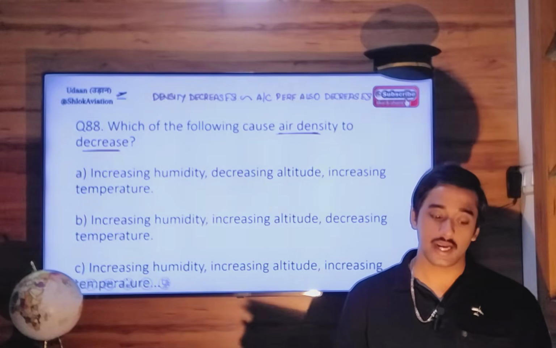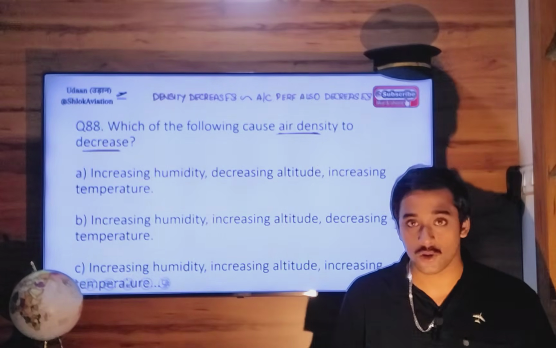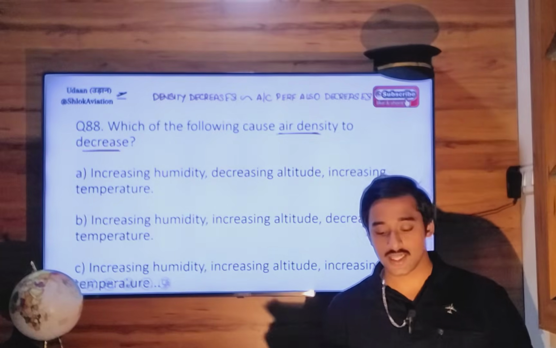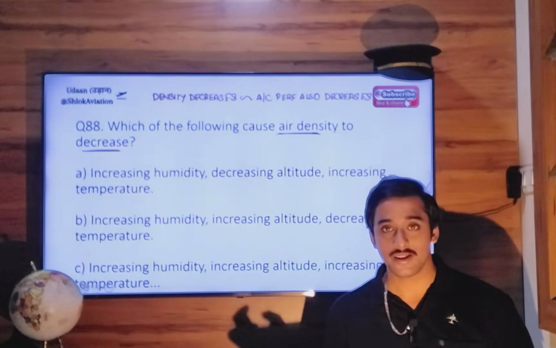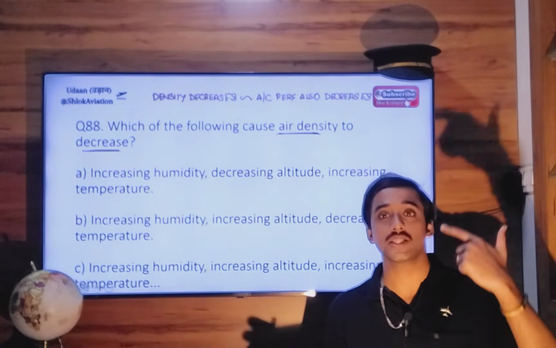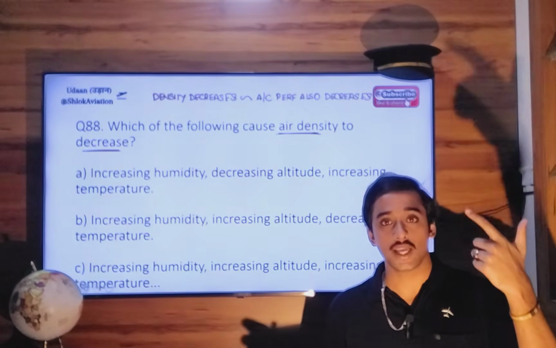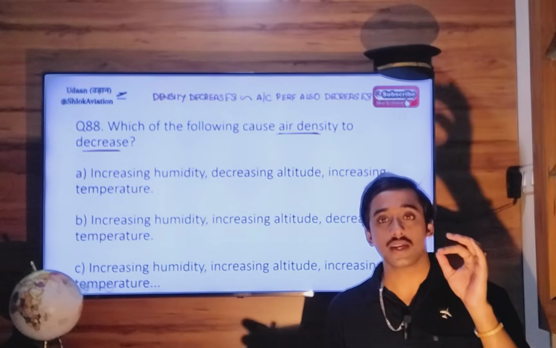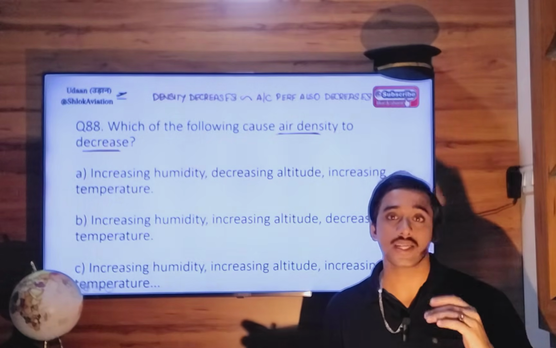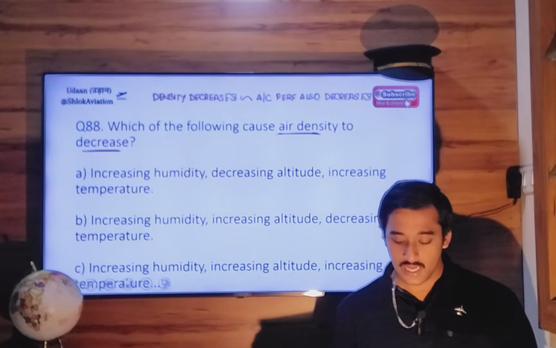Density and density altitude are inversely proportional. So if warm temperatures decrease the density of air, that means they will increase density altitude. If cold temperatures increase density of air, indirectly it will decrease density altitude. So read the question carefully.